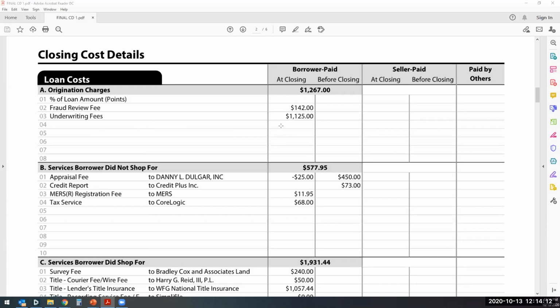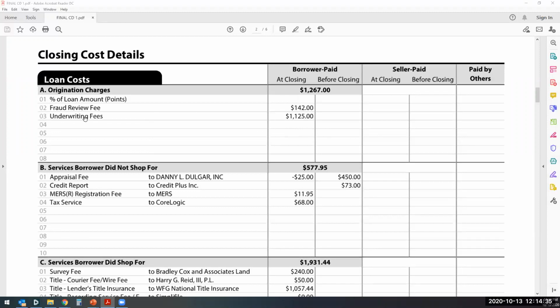To tell you the truth, this is a pretty good amount. I've seen them pretty high. I've seen them up to $4,000 in origination charges or underwriting fees, okay? So have your clients look at this very closely when they're shopping around with brokers, most likely, because brokers will have an additional fee there that is going to be very high, okay?